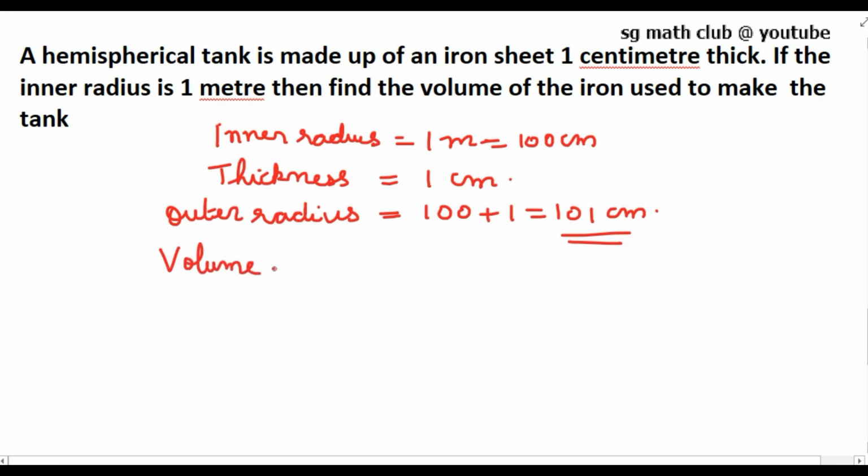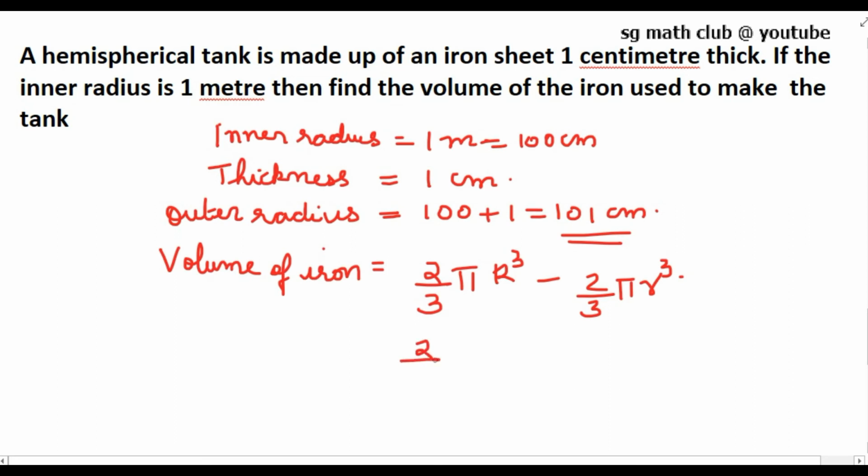Now we will find the volume of iron used to make the tank. It will be 2 by 3 pi R cube for the outer volume minus 2 by 3 pi small r cube for the inner volume, or we can write 2 by 3 pi into (R cube minus r cube).